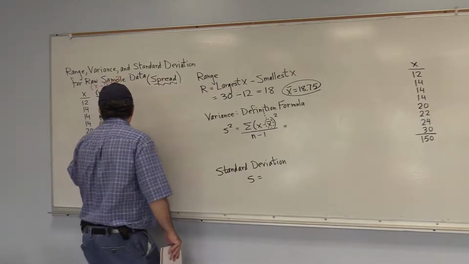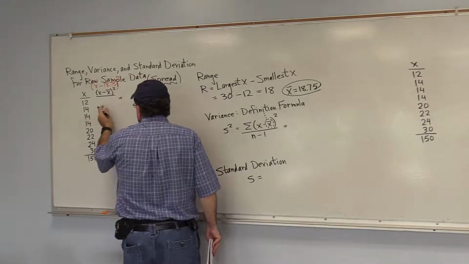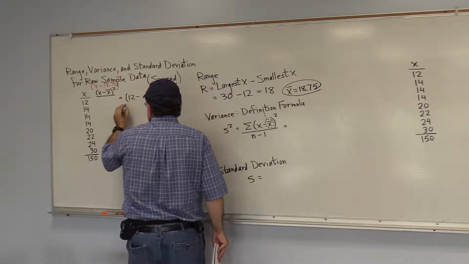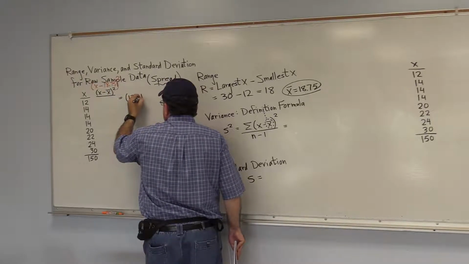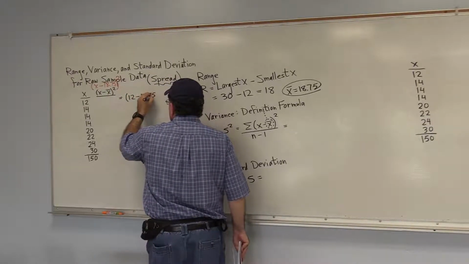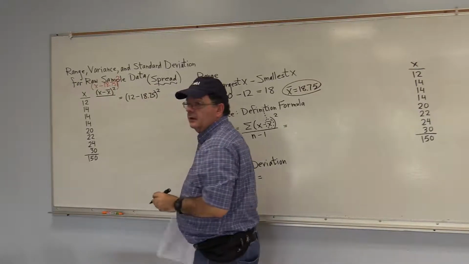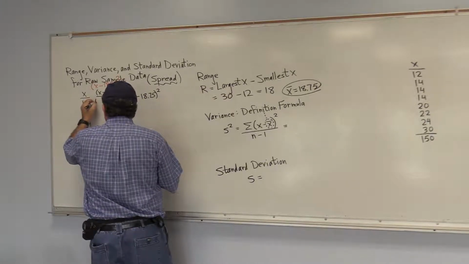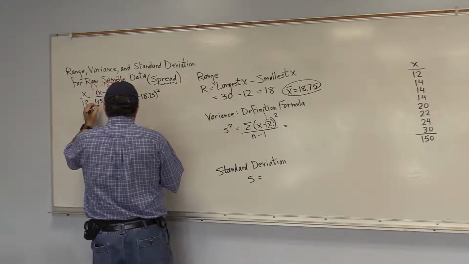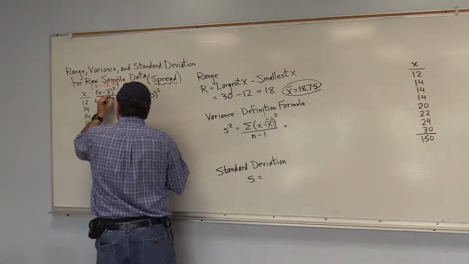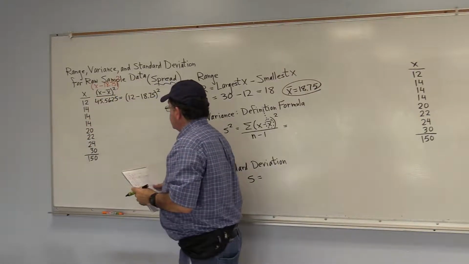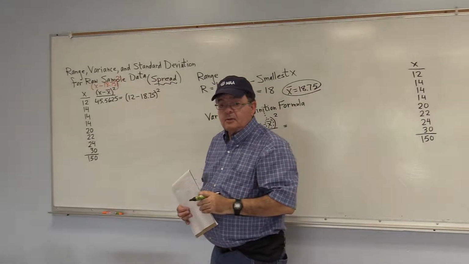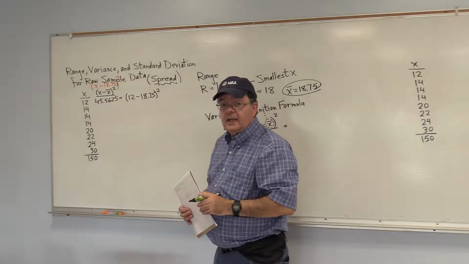The first calculation is for the x value of 12: take 12, subtract the mean, which is 18.75, and square it. When you do that on your calculator, you will come up with 45.5625. And I'm keeping all the digits. Rounding can be dangerous. Round-off error can snowball. So we want our answer to be as accurate as possible.